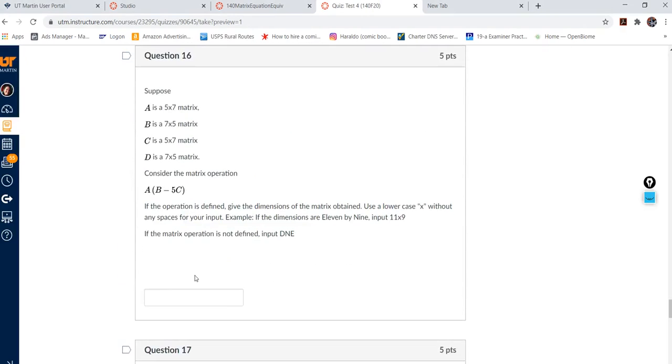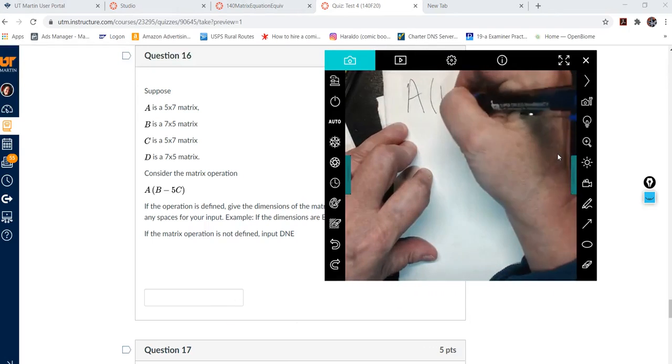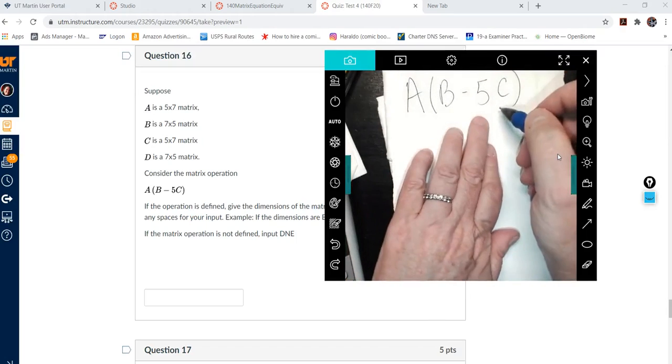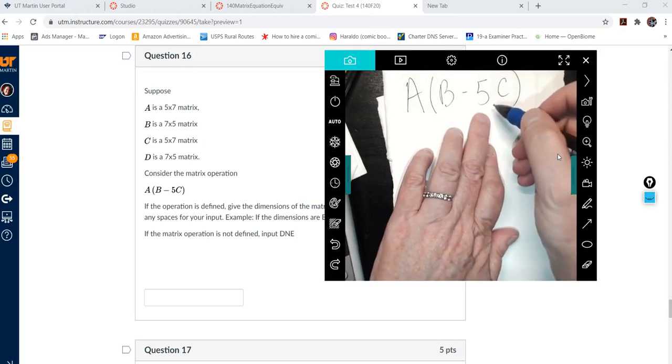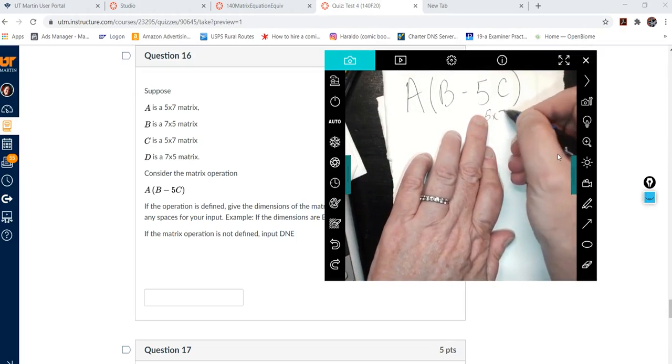Okay, let's see what this is. I have got A times B minus 5 times C. Okay. What is C? C is a 5 by 7, so if I just multiply it by a scalar, it's still a 5 by 7.